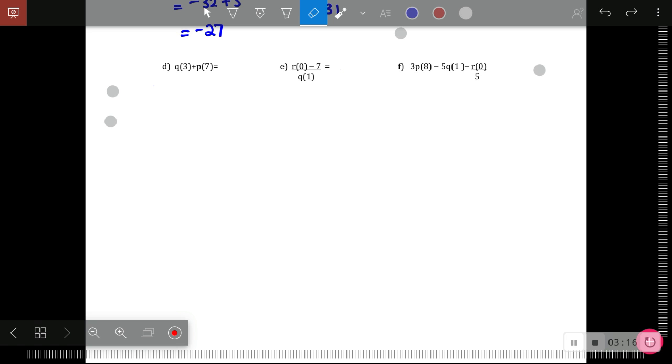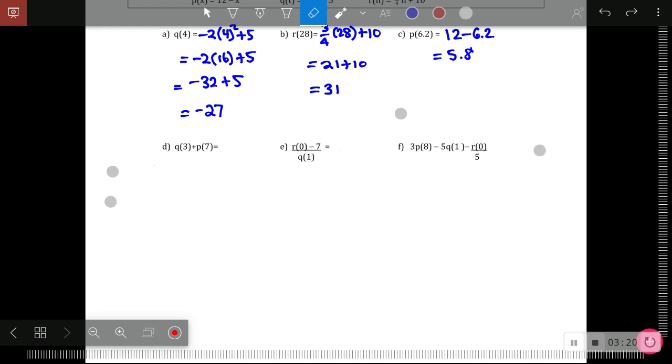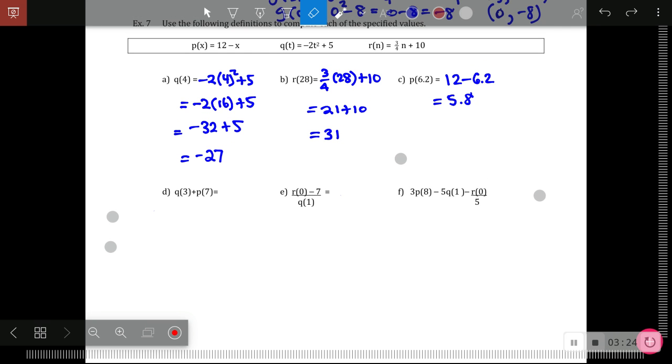Okay, example D, you want q of 3 plus p of 7. So this function actually is a combination of 2. It's going to put a 3 into this one and a 7 into this one. And let's see where that leads us.